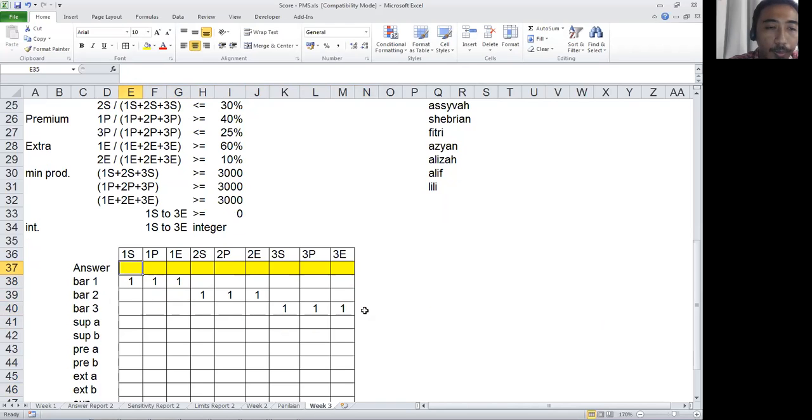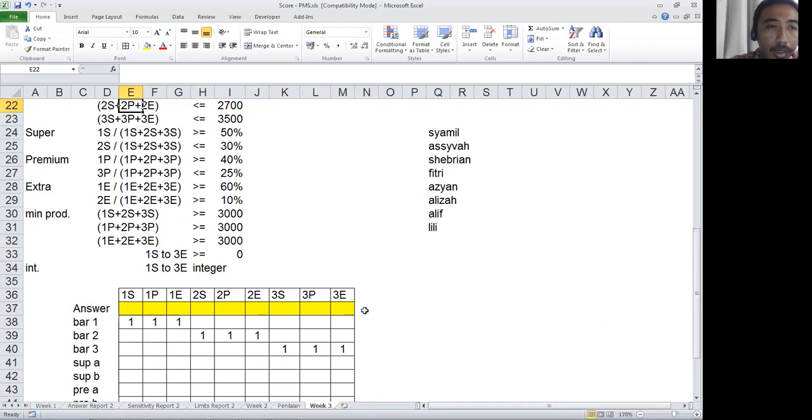How about this one? The super A, the first constraint of super: 1s divided by the total is more than or equal to 50%. So how do we put it into this template? What is the parameter here? Let's try to make it a long formula.